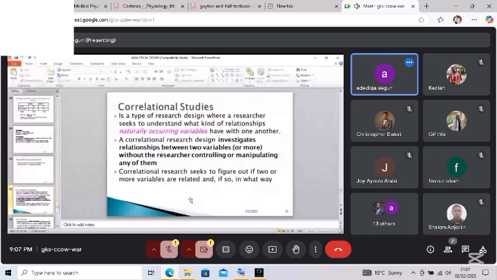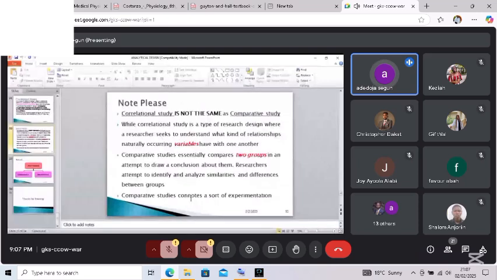Then we need to note that a correlational study is not the same as a comparative study. A correlational study is a type of research design where a researcher seeks to understand what kind of relationships naturally occurring variables have with one another, meaning it is trying to see whether there's a relationship between those variables.